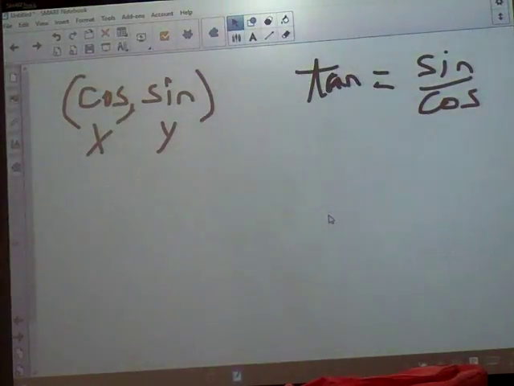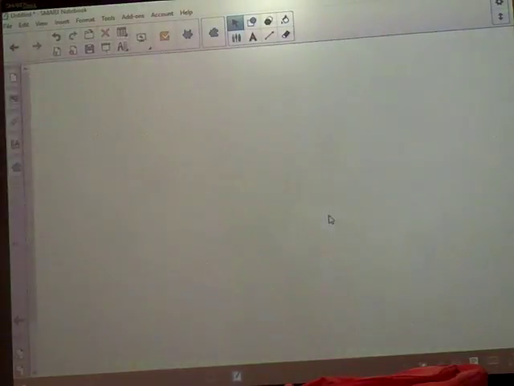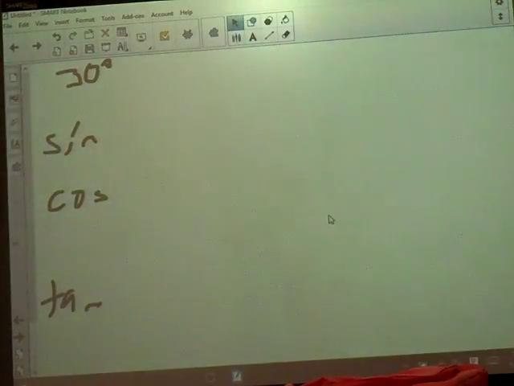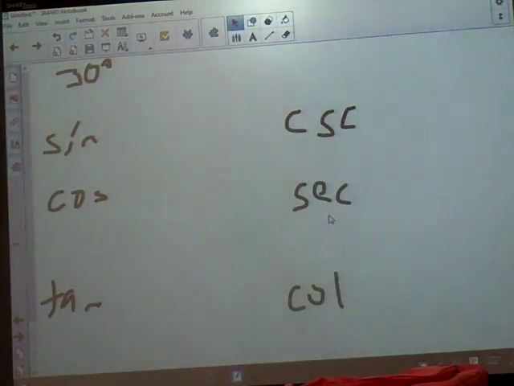All right, so what we're going to do here is give all 6 trigonometric functions for a 30 degree angle. So we're going to tell the sine, the cosine, and the tangent. And then we're going to tell the cosecant, the secant, and the cotangent, all for a 30 degree angle using only that unit circle.